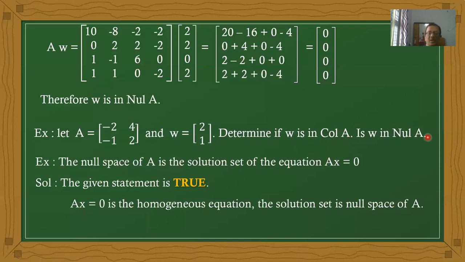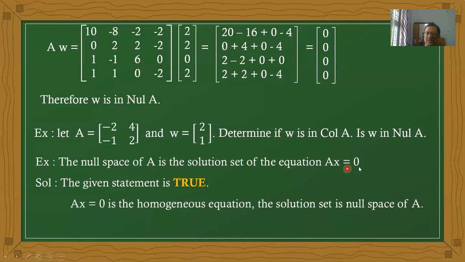Next we'll discuss some true or false problems, which depend upon given definitions, properties or theorems. What is the first problem? The null space of A is a matrix. We know the order m by n, a general matrix. The null space of A is the solution set of the equation Ax equal to 0. It is a given statement. The statement is true.